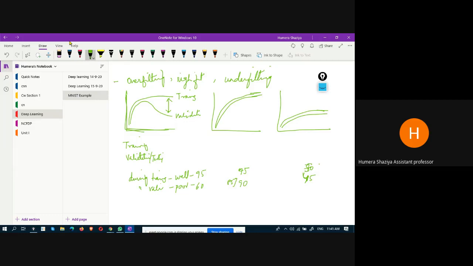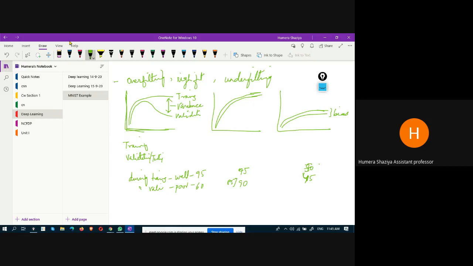This is known as variance. Why do you call this variance? Because there is a big gap between training and validation accuracy. And you call this bias. Why do you call this bias? Because both are not behaving well and performing well.